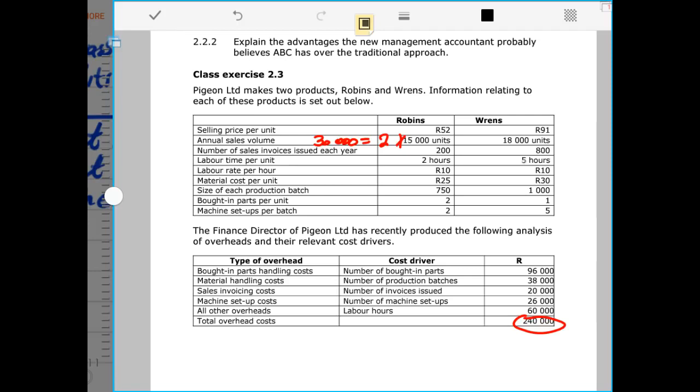And again, we know that it takes 5 hours of labor to complete 1 unit of Wren, and we produced and sold 18,000 units. So if we need the total hours needed to manufacture 18,000 units, we multiply the number of units manufactured and sold by the number of hours it takes to complete 1 unit.